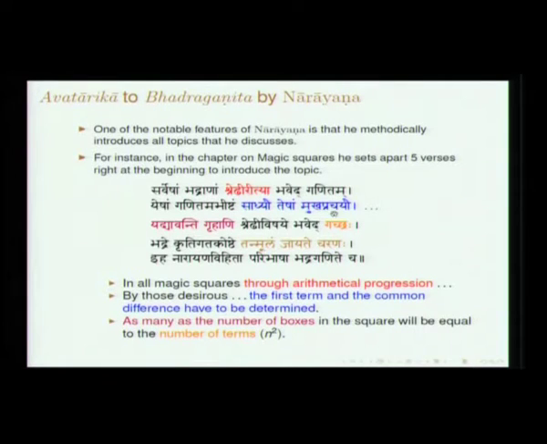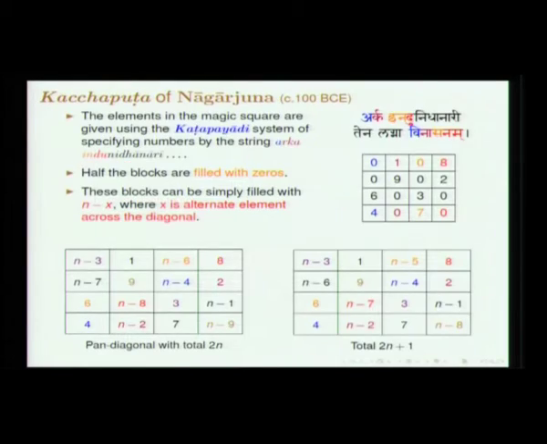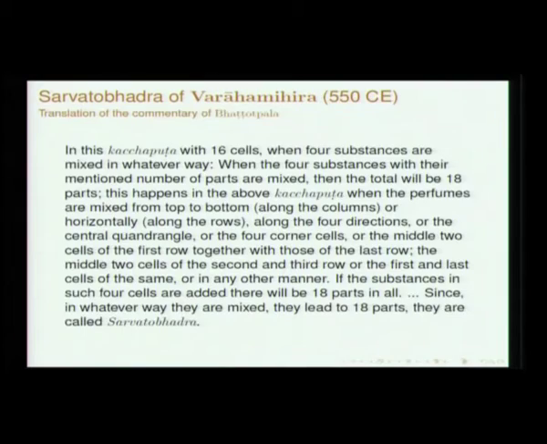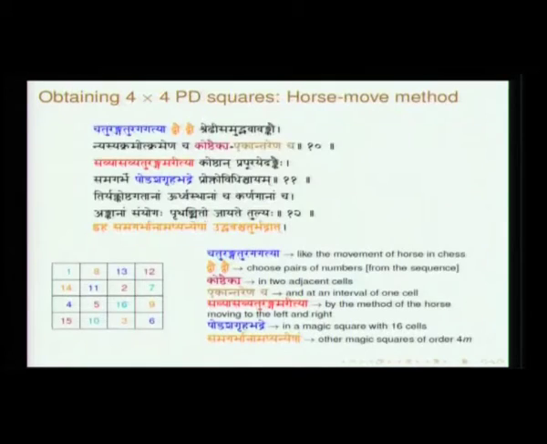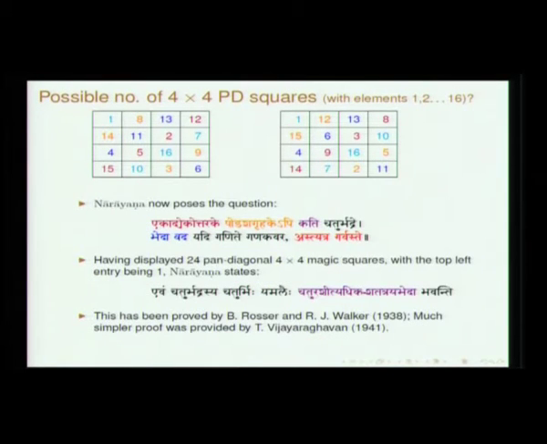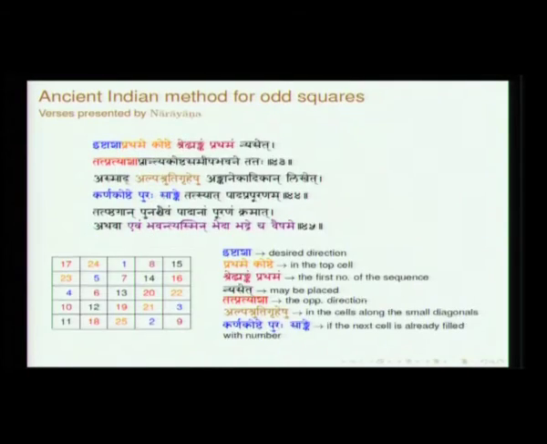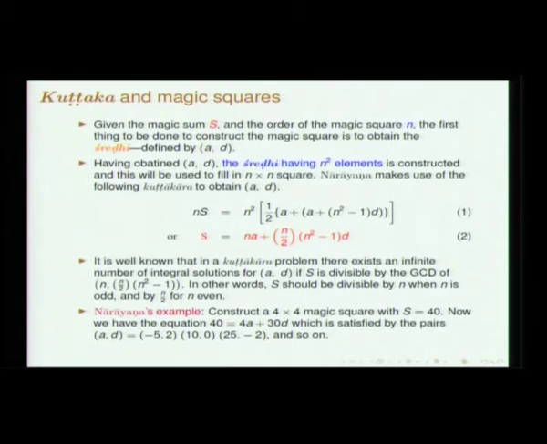Mukha refers to A of the arithmetic sequence, and Prachaya refers to D. So the problem is, given the sum, you have to find A and D. Narayana gives a verse stating the equation to be employed, and we will present this equation now and not the verse.